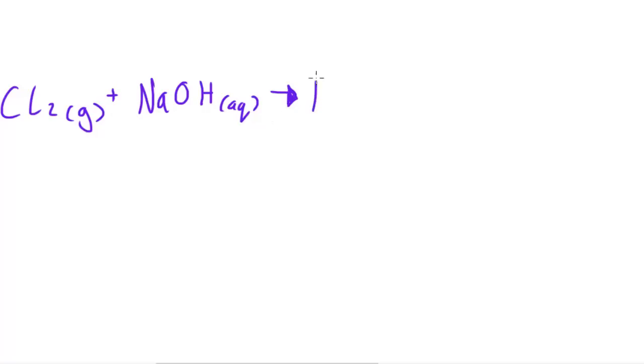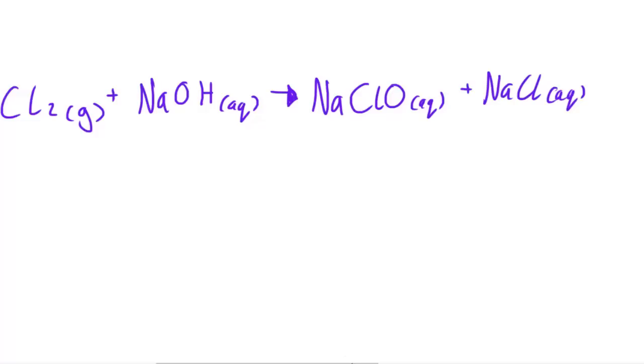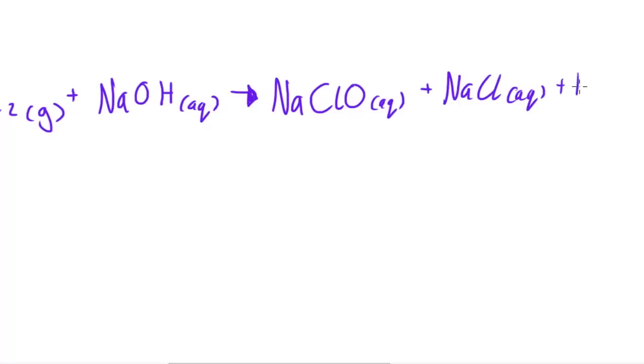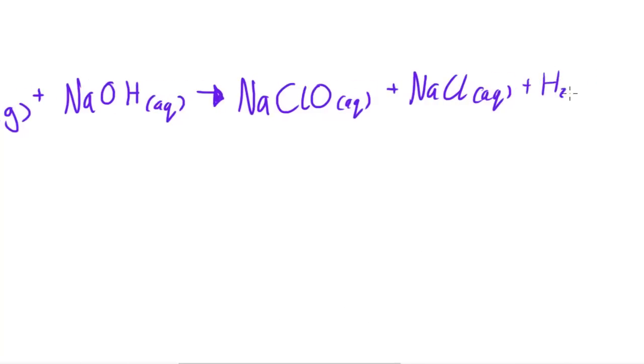So sodium chlorate, so NaClO, and that's going to be aqueous, and it's going to produce NaCl as well, and that's going to be aqueous as well. And it produces H2O, which is going to be liquid, since that's what everything else is aqueous in.